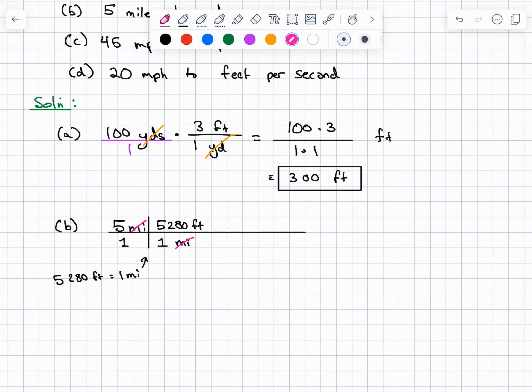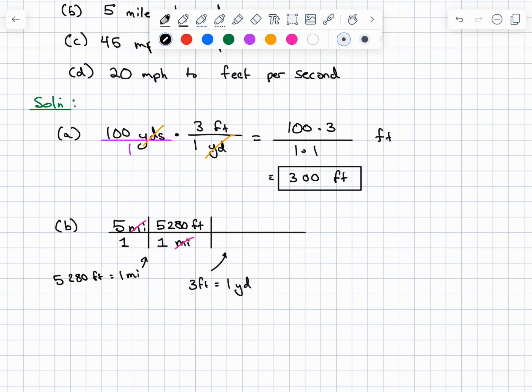But that's not the answer. The answer needs to be in yards. So I need to tack on an additional unit conversion. Here, I know that there are 3 feet in 1 yard. So should I put the feet in the numerator or in the denominator? Take a second. Denominator, yes, because I need to cancel the feet, so I need them to be diagonal from each other.